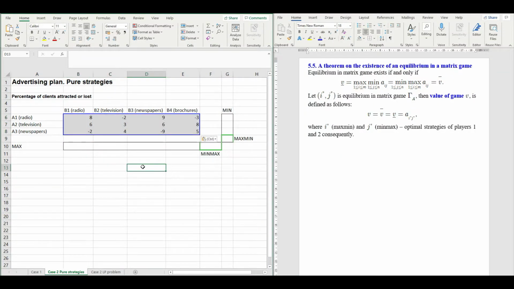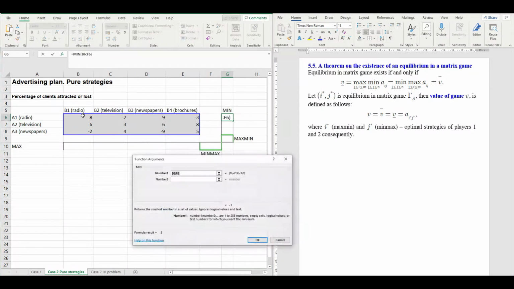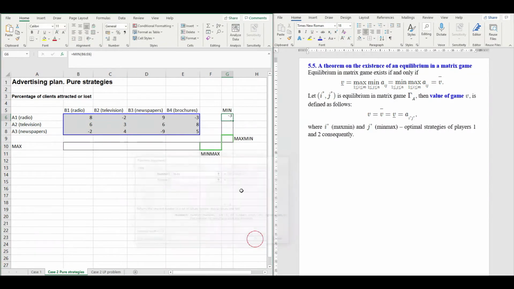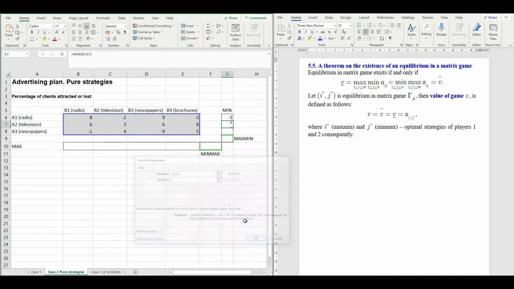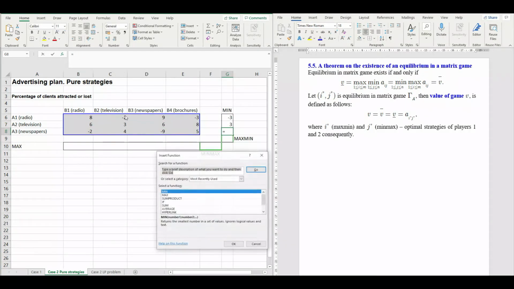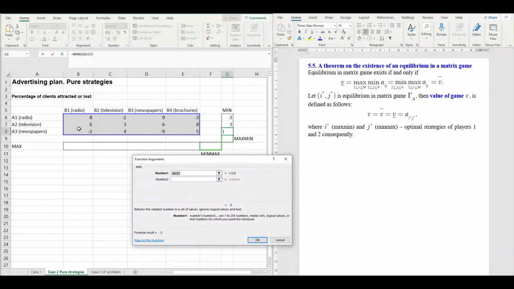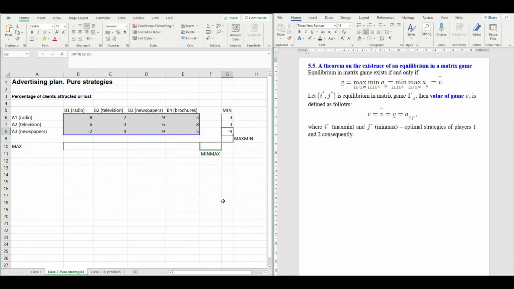And once again, let's consider the minimum values for the strategies of the first player. We consider the first strategy, the second strategy, and the third strategy. As a result, we found the minimum values for each of these rows.